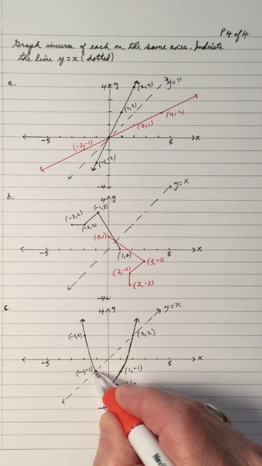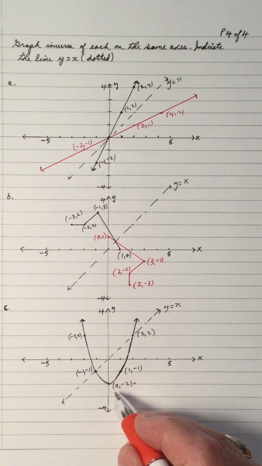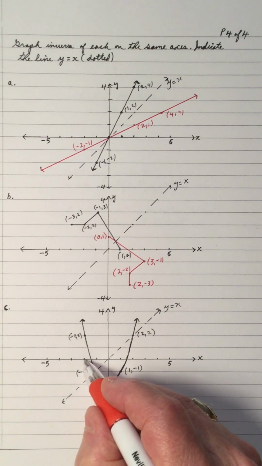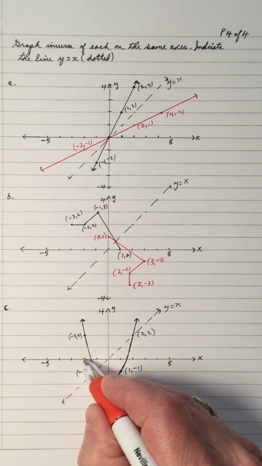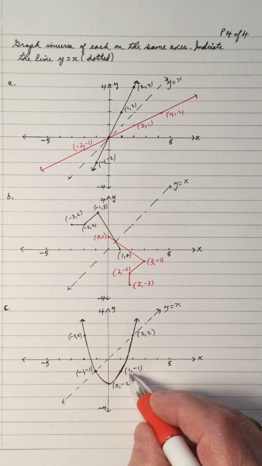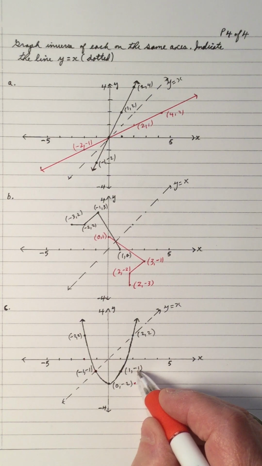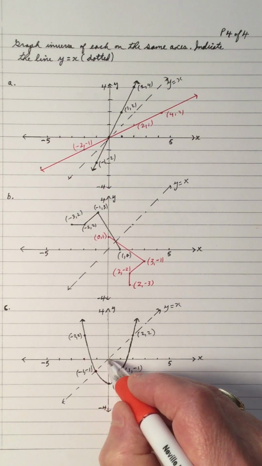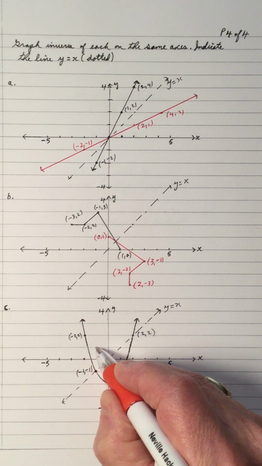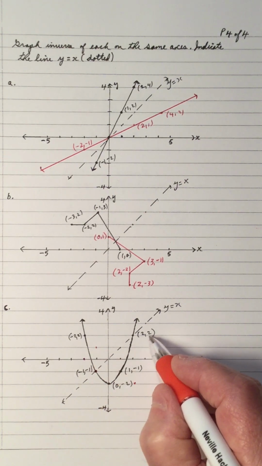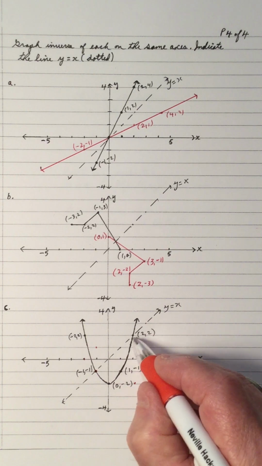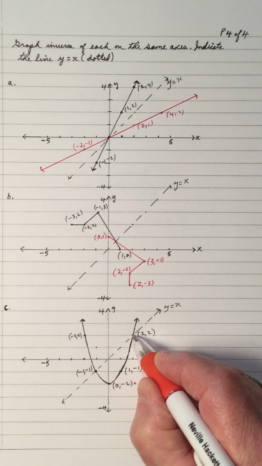Same point. And 0, -2 becomes -2, 0. And 1, -1 becomes -1, 1. X is -1, y is 1. And 2, 2 becomes 2, 2.